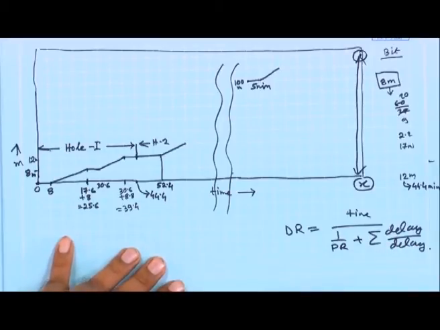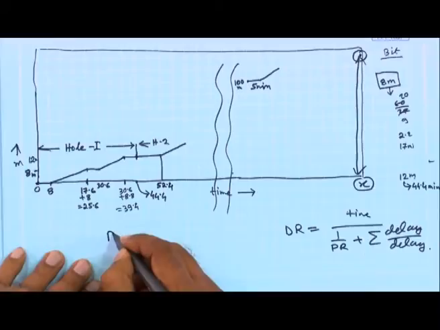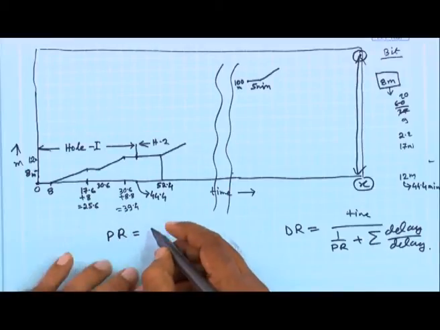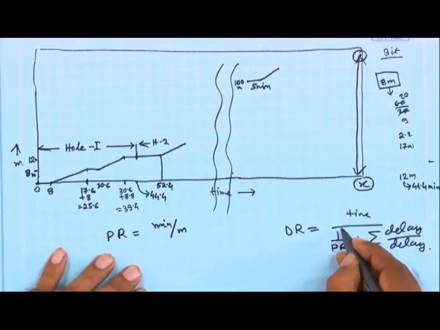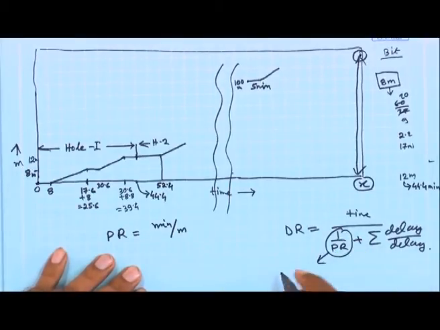Please note here, if the penetration rate is expressed in minute per meter, then it must be replaced by PR plus summation of delay by delay interval.